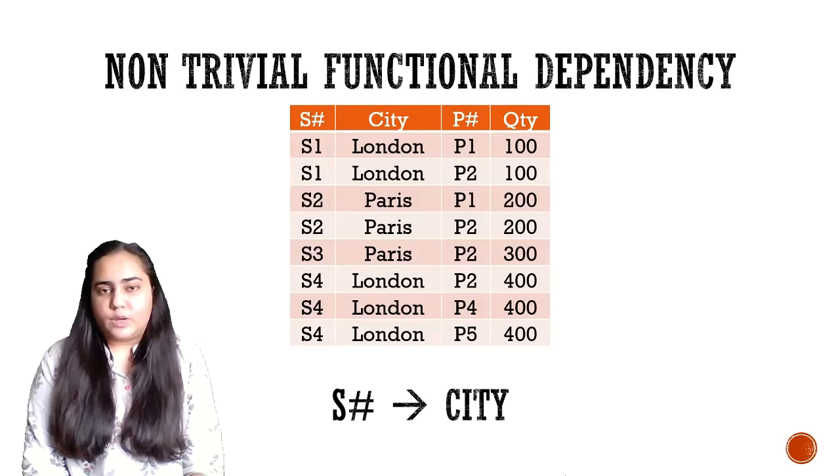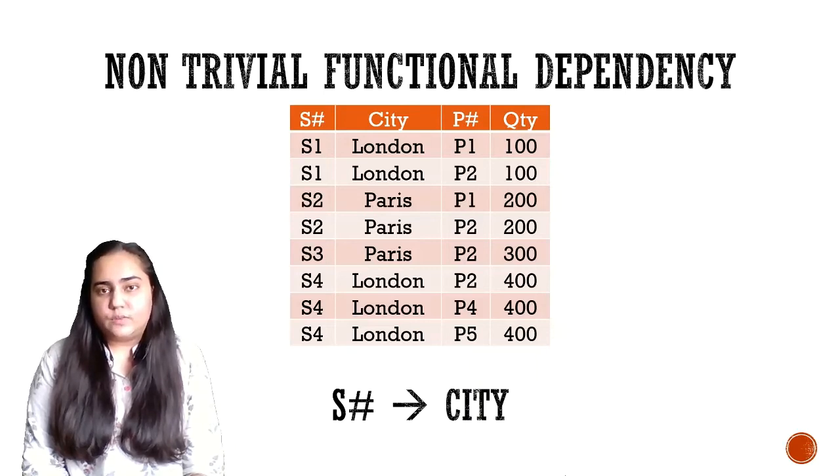If I ask you where S2 is located, you'll answer Paris, because both times S2 comes in this table, it comes with Paris. And if I ask you where S3 is located, you'll once again answer Paris, because it appears once in the table with Paris. And if I ask where S4 is located, once again you can give me one answer, which is London, because it appears thrice in the table and all three times with London.